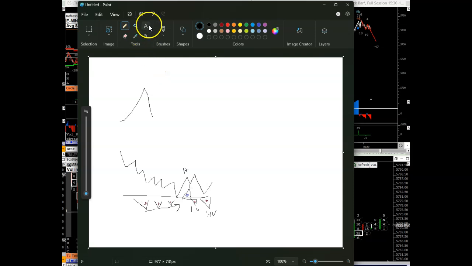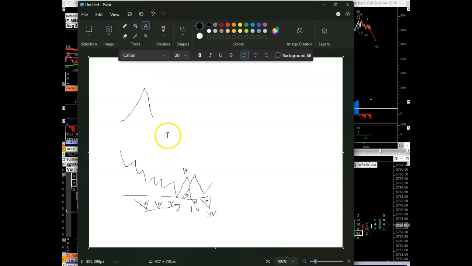So I don't really know what to call this pattern, but it's the high volume after COB. And I'm talking about this, not the low volume. Right? You have the change of behavior, and then you have a low volume pullback. But then after that, you have a high volume pullback. So I'm talking about the high volume pullback after the change of behavior. Right?